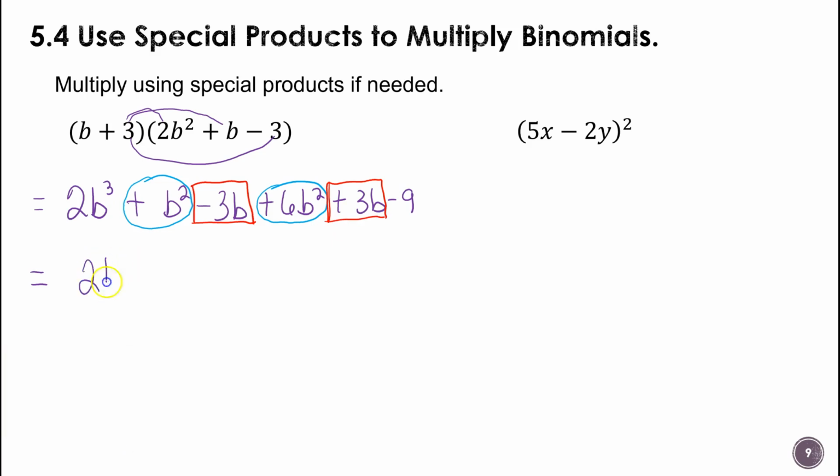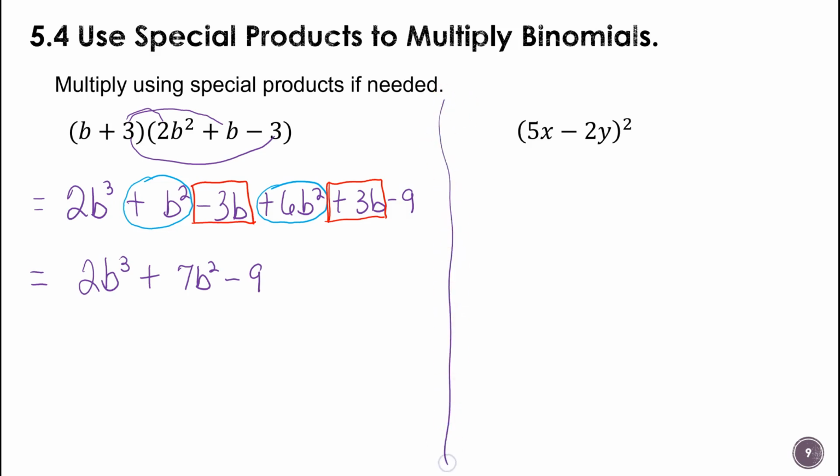So we have the 2b to the third. 1 plus 6 on the b squares, that's going to be plus 7b squared. Negative 3b plus 3b is 0, and then we have minus 9. Okay, and that's it on that problem. I know it's kind of a messy problem. It's pretty long. We had some worse on the previous section 5.3.